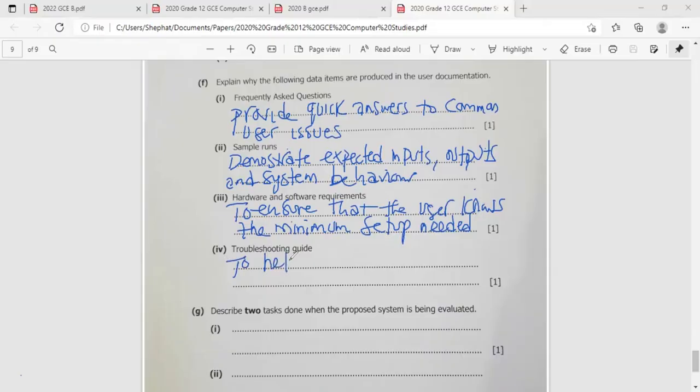So can say to help users diagnose and resolve issues independently.